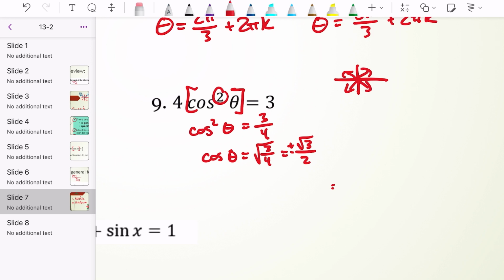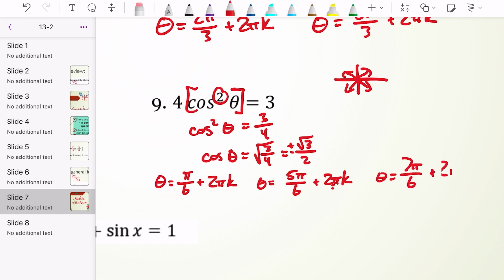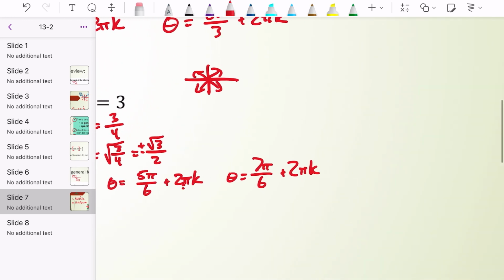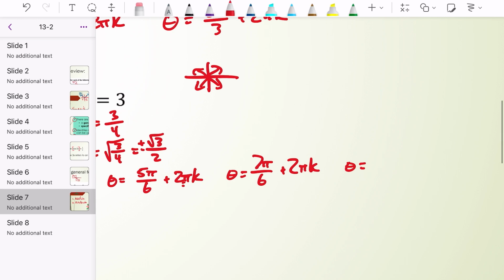So this means we would have theta is equal to pi over 6 plus 2 pi k. We would have theta is equal to 5 pi over 6 plus 2 pi k. We would have theta is equal to 7 pi over 6 plus 2 pi k. And the final one would be theta equaling 11 pi over 6 plus 2 pi k.